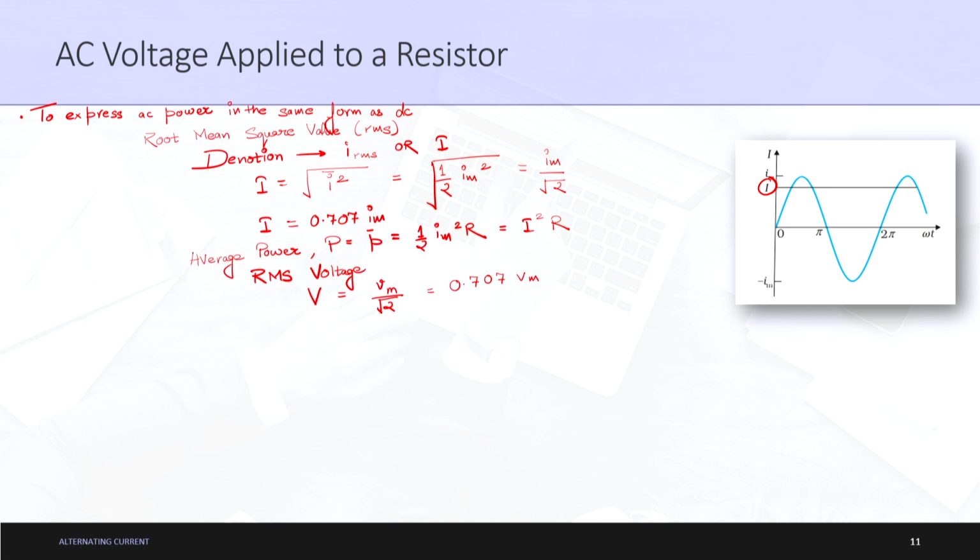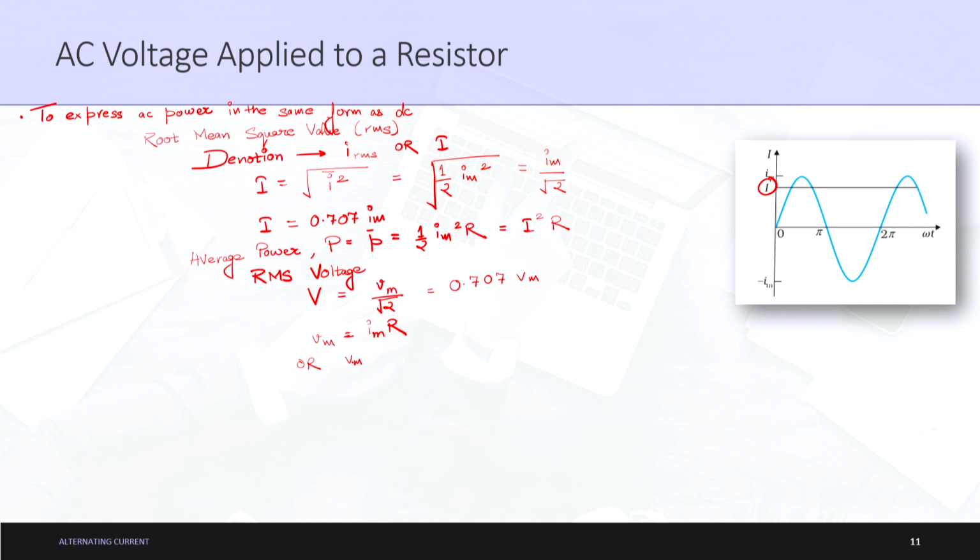Now, using all these sequences, what we finally obtain is that Vm is equal to Im R. In another way, let us divide both sides by root 2.